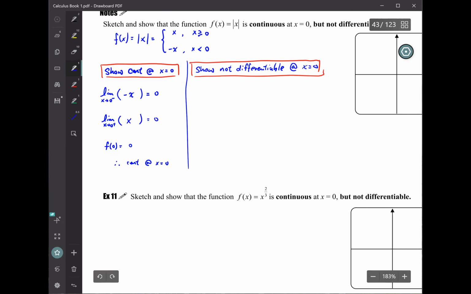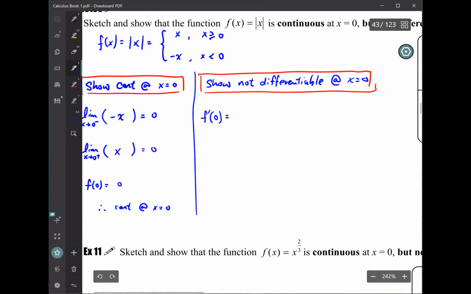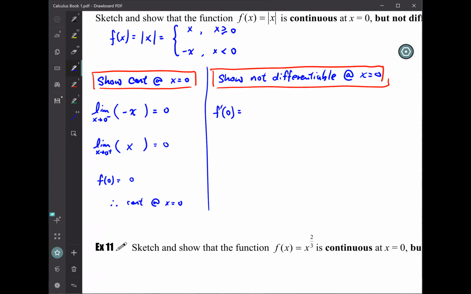So I will find the slope at 0, and we are using the first one, right? So I will take the limit x approaching 0. I will start from the left side. So x approaching 0 from the left, which means it's finding the slope coming from the left side.